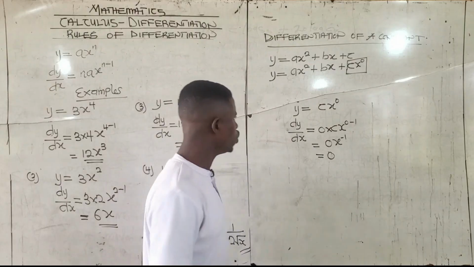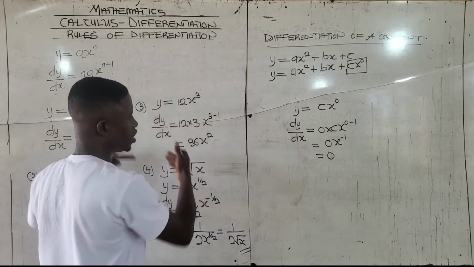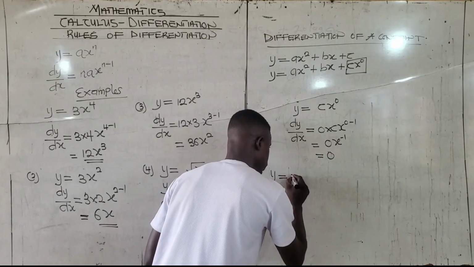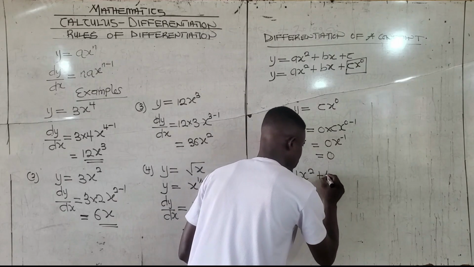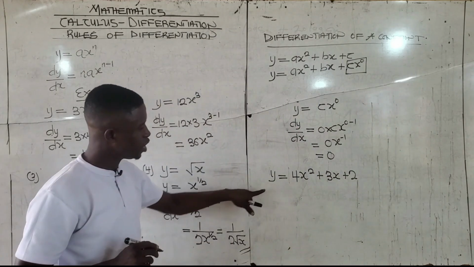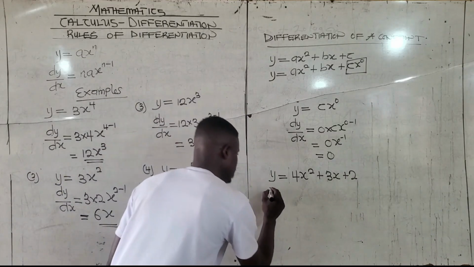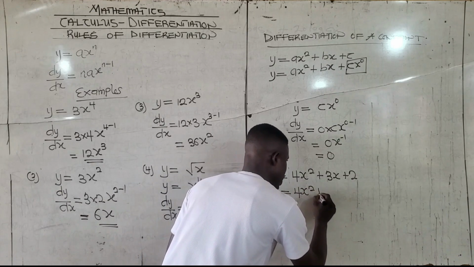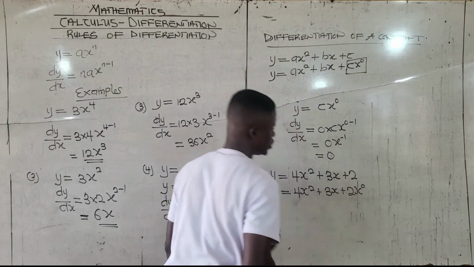You get it? Good. So now let's combine what we have learnt here and what we have done here. So if I'm having an expression of the form y equals 4x squared plus 3x plus 2, and you are asked to differentiate such an expression, don't forget, this expression is the same as y equals 4x squared plus 3x plus 2x to the power 0.